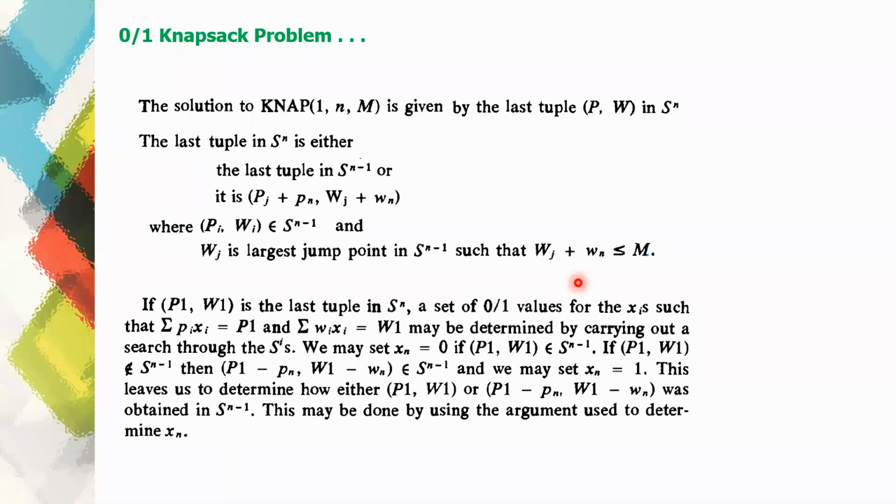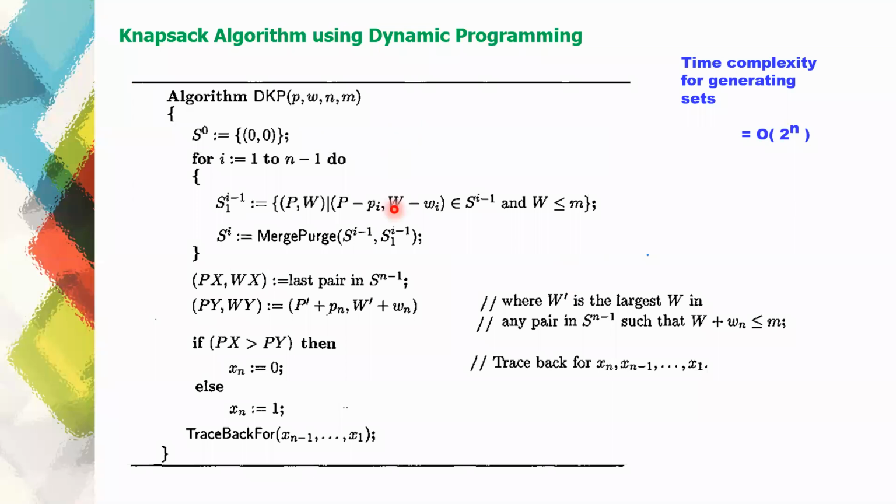Right, then this is the algorithm. This is the process where you are going to prepare sets. You are going to formulate the sets. This is the addition, and this is merging and purging. Once these steps are repeated and all the sets are ready, then you are going to extract the information on each item from the sets.